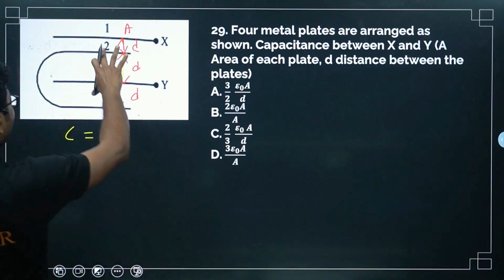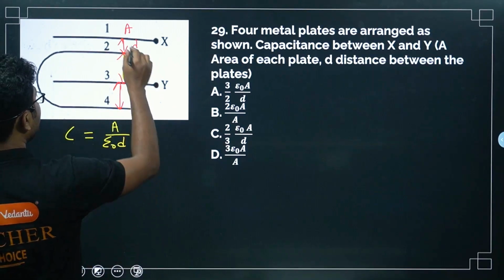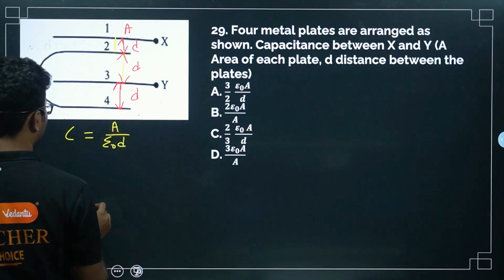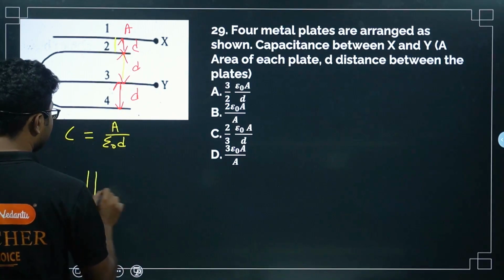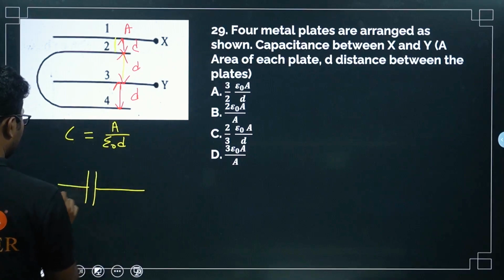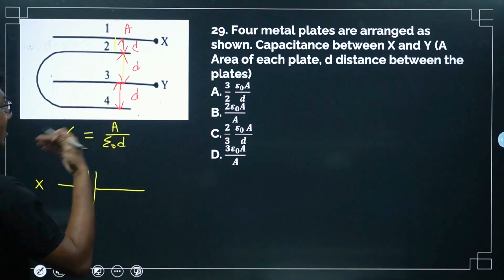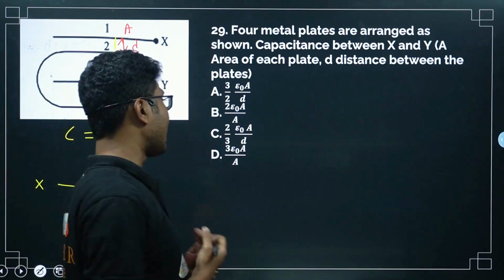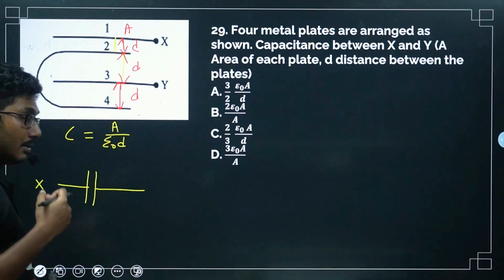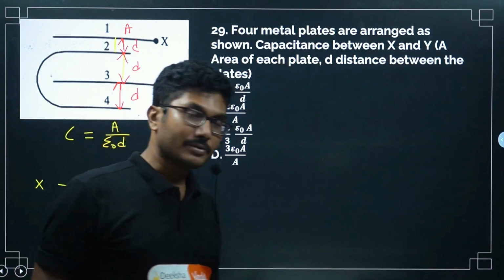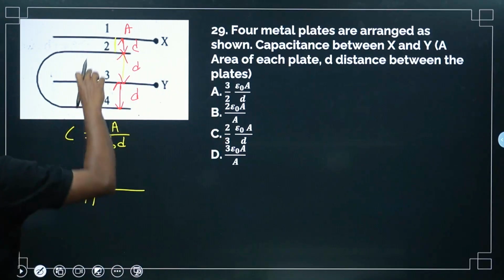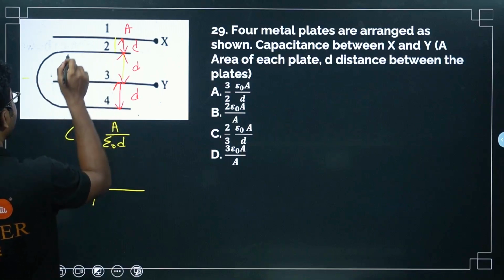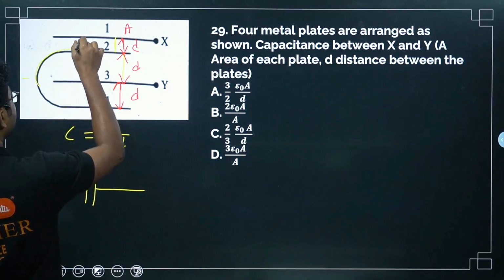Now, if you break this apart, you will see this capacitor is alone, right? So X is on this side. So X is here. You have to try to visualize this kind of diagram. This is very common in JEE exam, in NEET exam also this kind of question is very common. Now these two, if you see, this is connected to this capacitor, right?